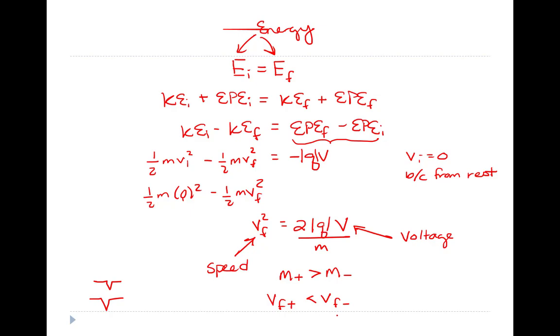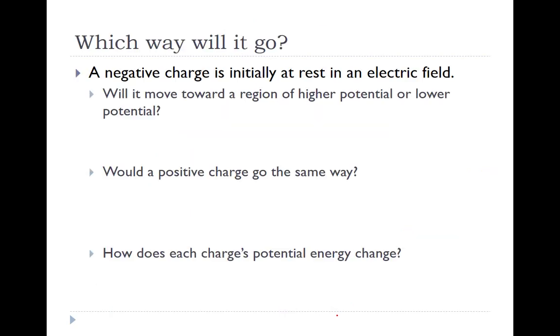Okay. So which way will it go? A negative charge is initially at rest in an electric field. Will it move to a region of higher potential or lower potential? It is going to go towards higher potential. Okay. It has to go to higher potential in order to move to a region of lower potential energy.